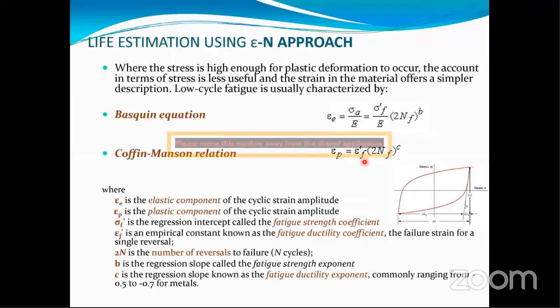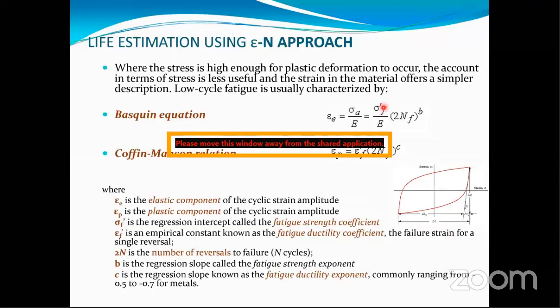And similarly, to account for the plastic component of the cyclic strain amplitude, we use this Coffin-Manson relation. Here we can see total strain is equal to total plastic strain plus total elastic strain.